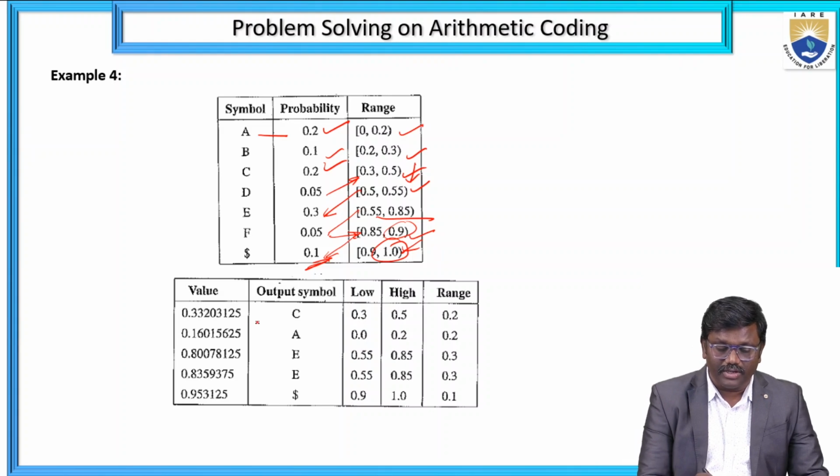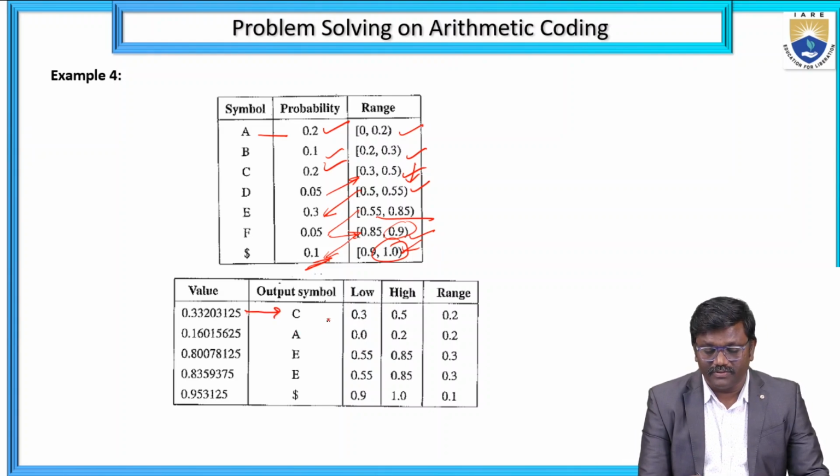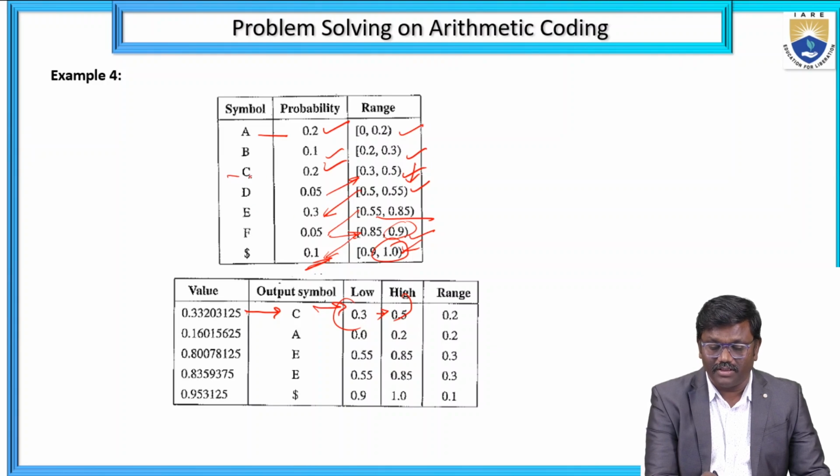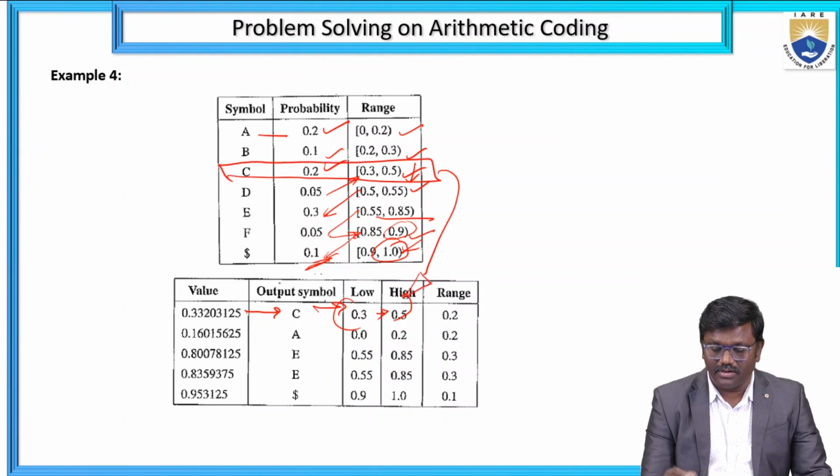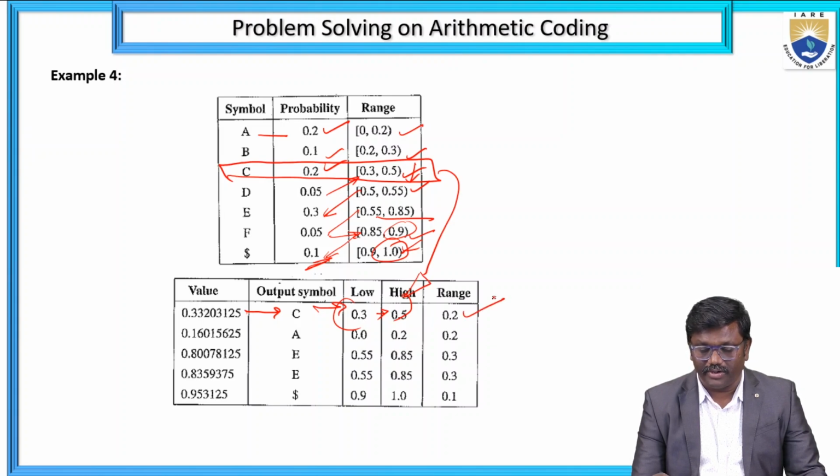The value which we consider here for the output of the symbol C has low 0.3 and high 0.45. What is this? This is the range of C. You see, this is the C range. So according to that range, it will be 0.2.